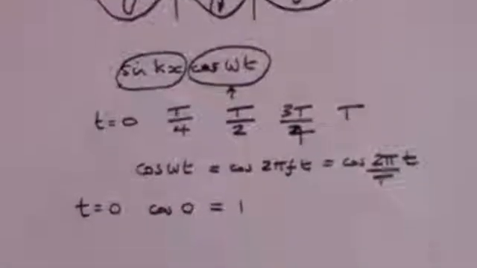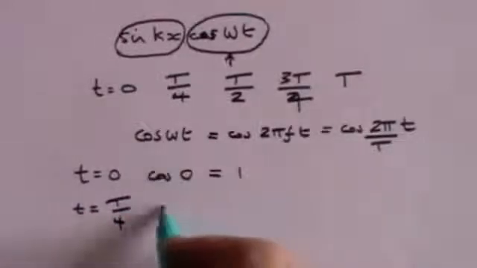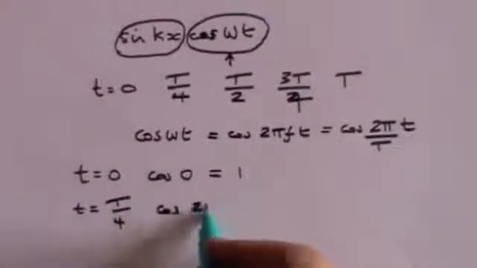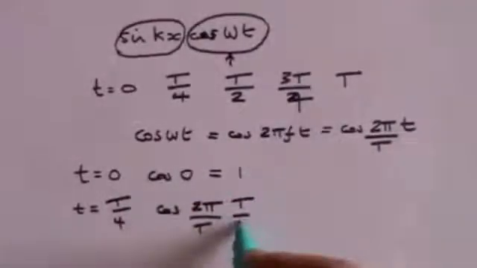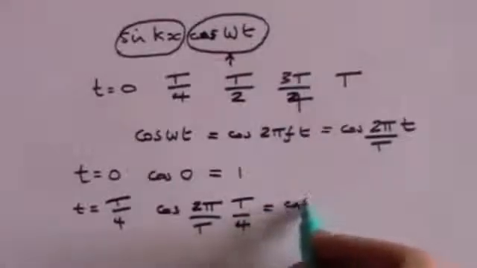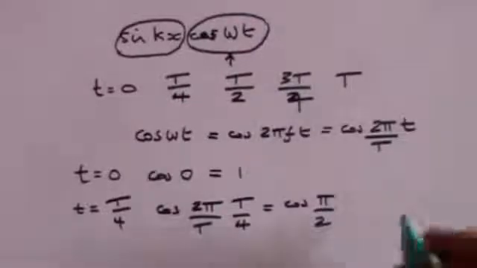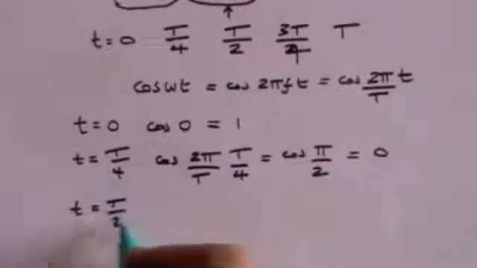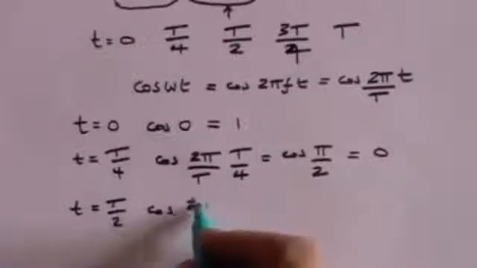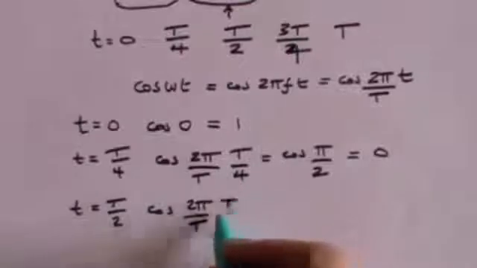When t is equal to T over 4, then you're going to get cosine 2 pi over T times t, which is T over 4, and that will give you the cosine of pi over 2. And the cosine of pi over 2 is 0. Now we'll look and see what happens when t is equal to T over 2. You're going to get the cosine of 2 pi over T, that's this term here, times t, which is T over 2.